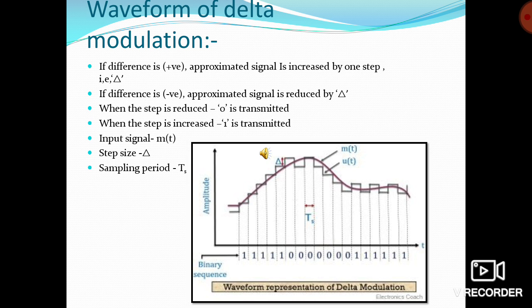If the difference is positive, then the approximated signal is increased by one step, and if the difference is negative, then the approximated signal is reduced by del. When the step is reduced, 0 is transmitted. When the step is increased, 1 is transmitted.